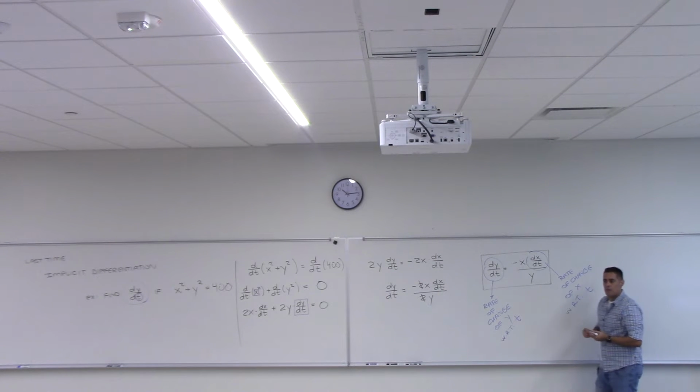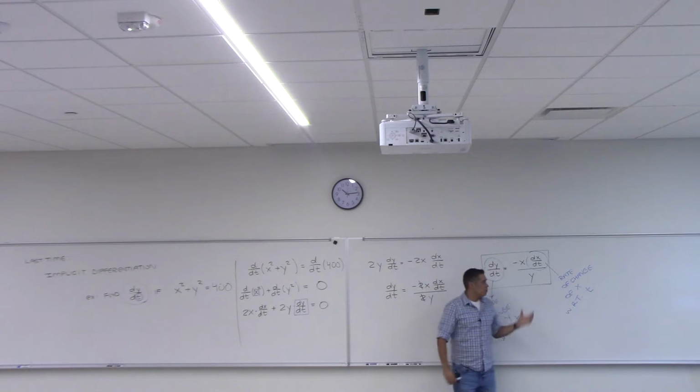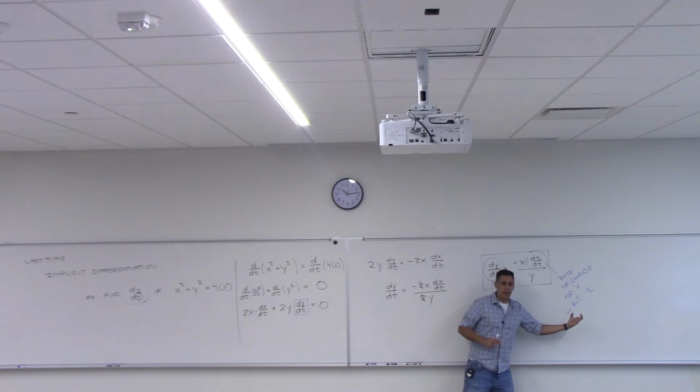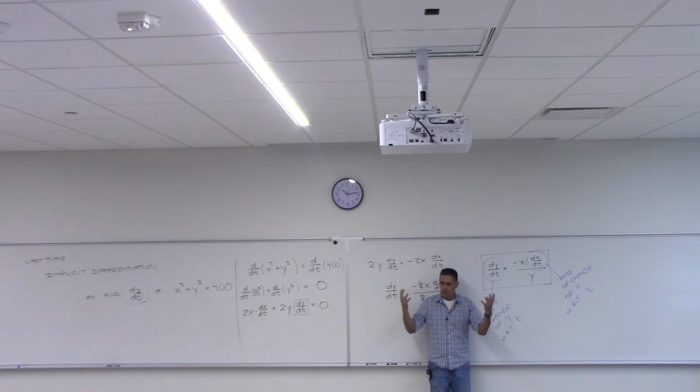We have taken the rate of change of one variable and related it to the rate of change of another variable. Two rates of change now have a relationship between them.